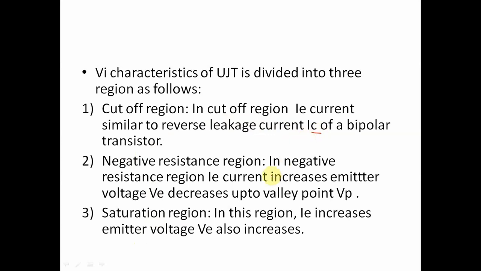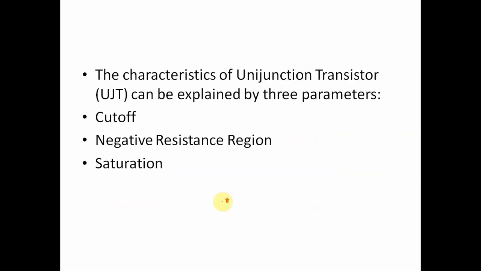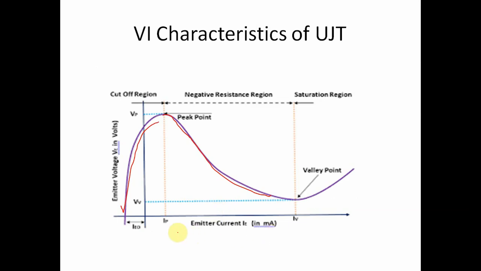In the negative resistance region, as the emitter current IE increases, the emitter voltage V decreases up to the valley point. This one is your emitter current; as the emitter current increases, this emitter voltage decreases up to the valley point, up to this point.